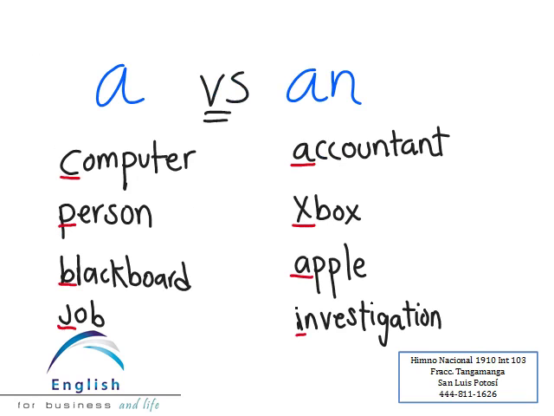It is very important to pay attention to the word or the noun we are going to use the article with. For example, if our noun is computer, let's pay much attention to this part, the sound of it's a consonant sound.